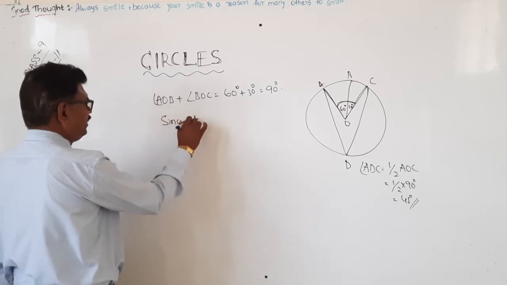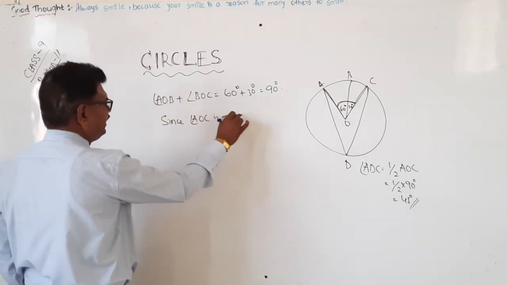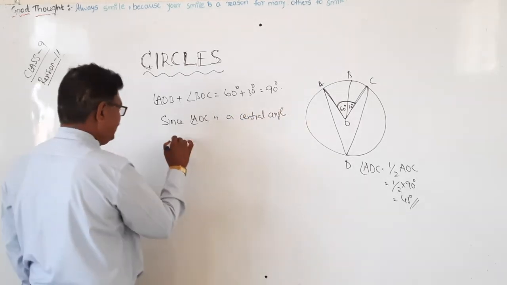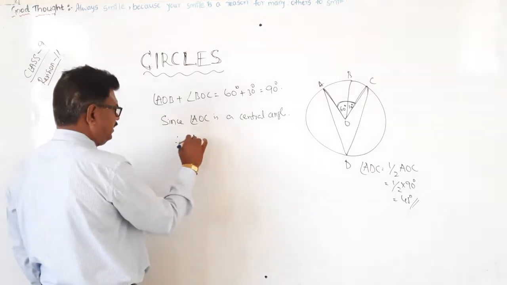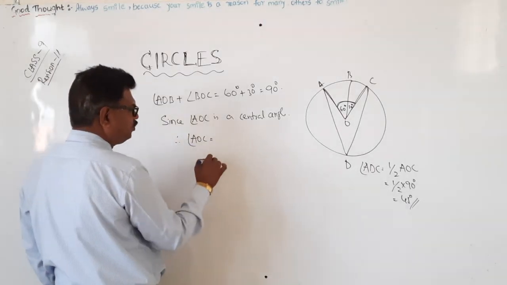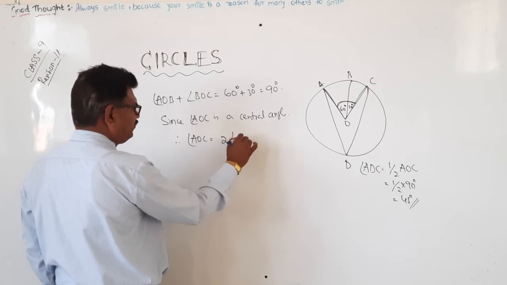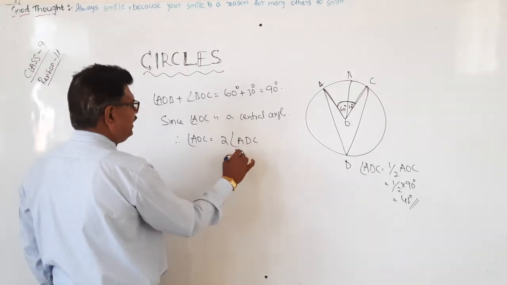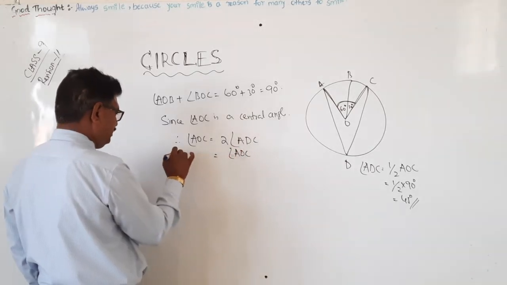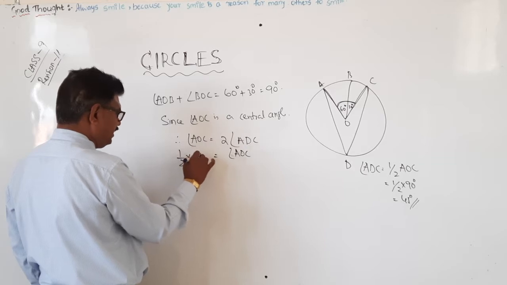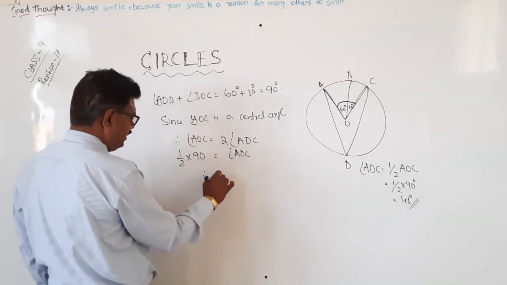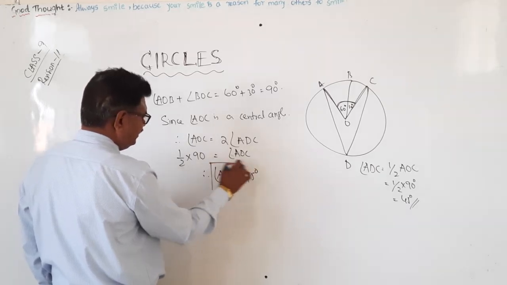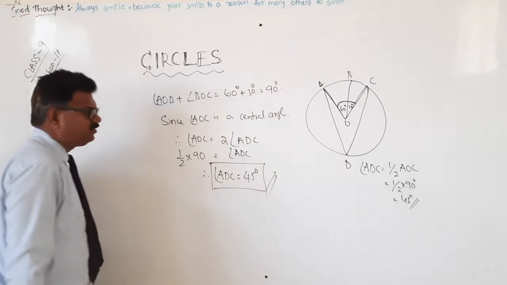Since angle AOC is a central angle, therefore AOC is equal to 2 times ADC, or ADC is equal to half of 90 degrees. Therefore, angle ADC is equal to 45 degrees. This much only answer. Please take up.